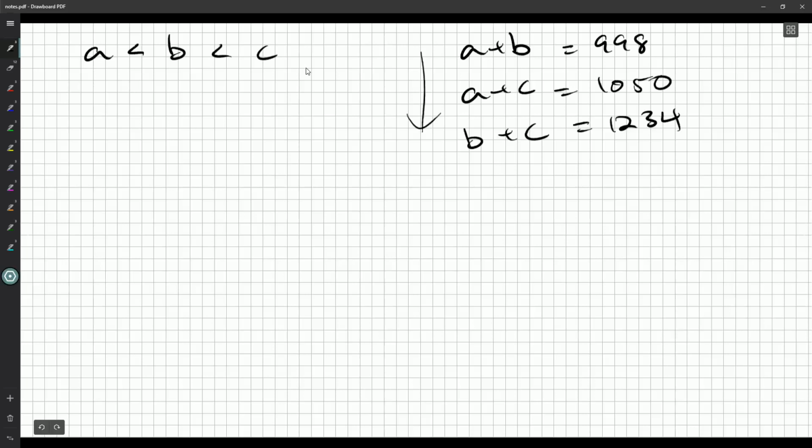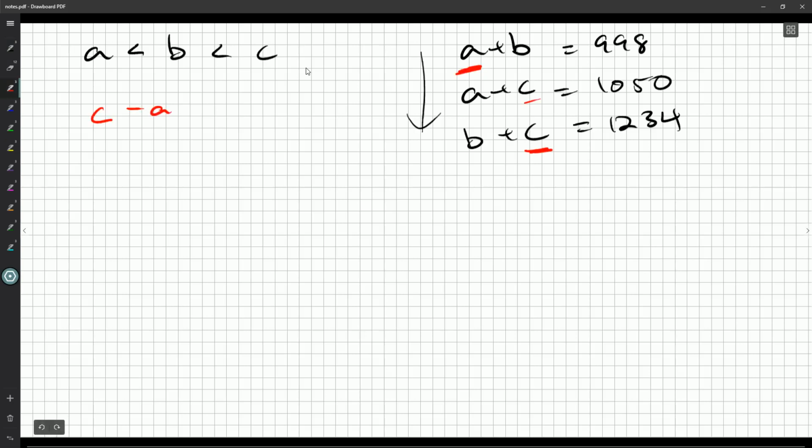Now I'll solve for A, B, and C in a moment, but we actually don't need to work out A, B, and C to find the difference. The thing we're looking for is C minus A, the biggest one minus the smallest one. There's a C here, and there's an A here.